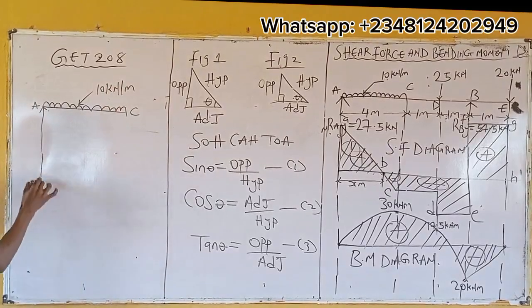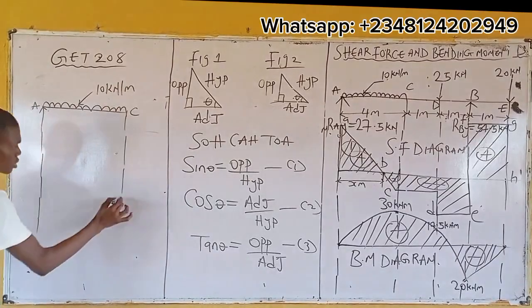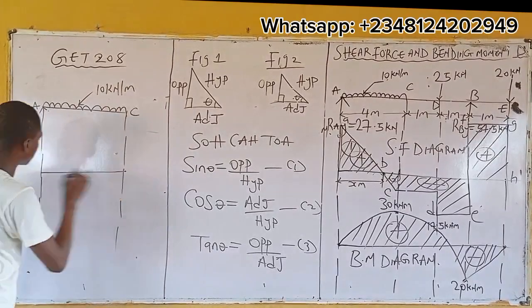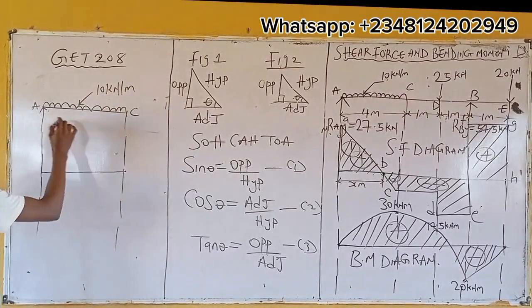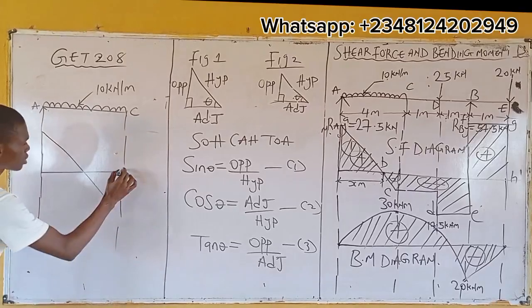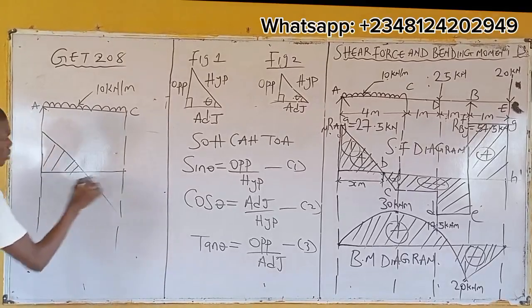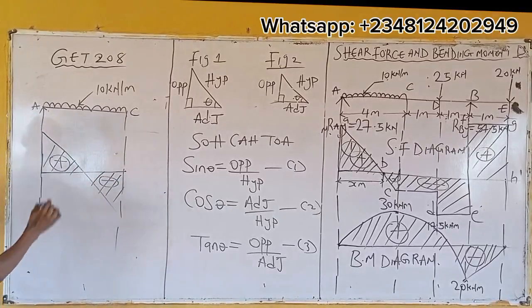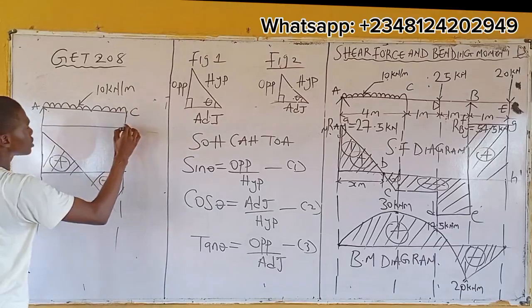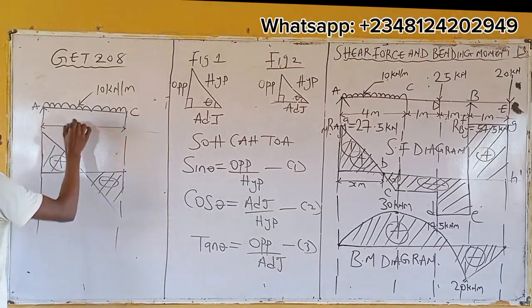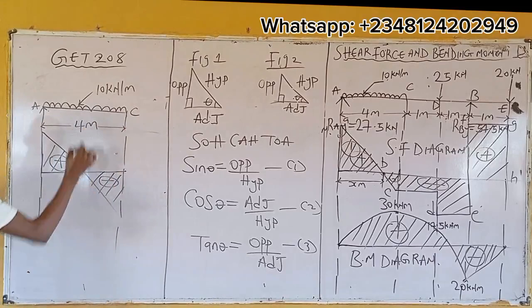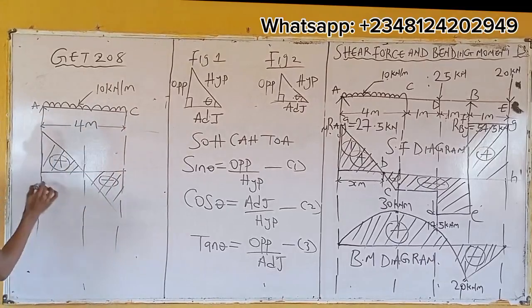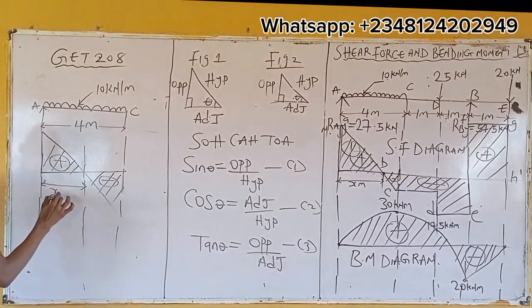Now from here, I have this. This is positive, this is negative, and the length is 4 meter. What's your interest? This guy, right? This is X meter.